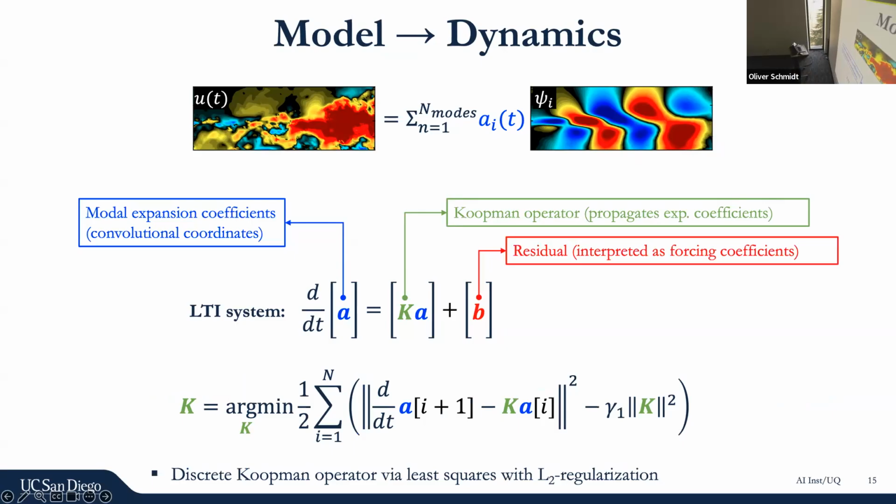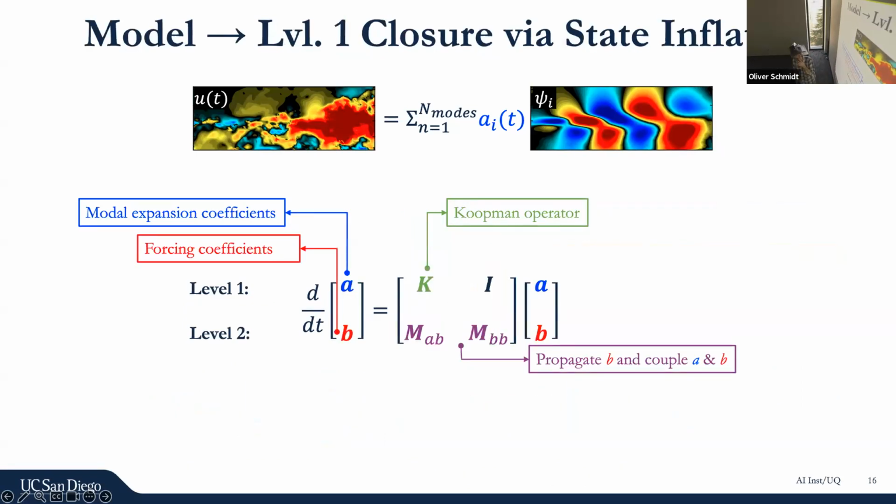We're going to interpret the residual, from the resolvent idea, as a forcing to the system. For closure, we're going to inflate the system. This is a very neat little trick.